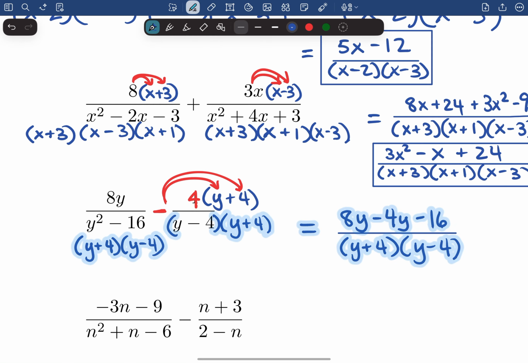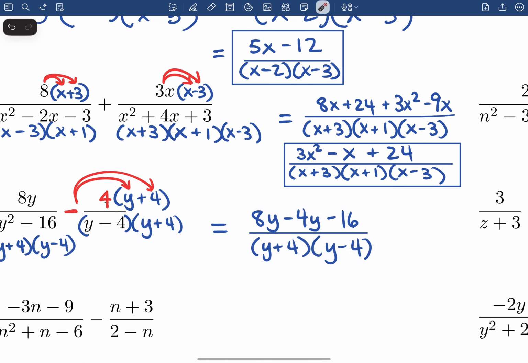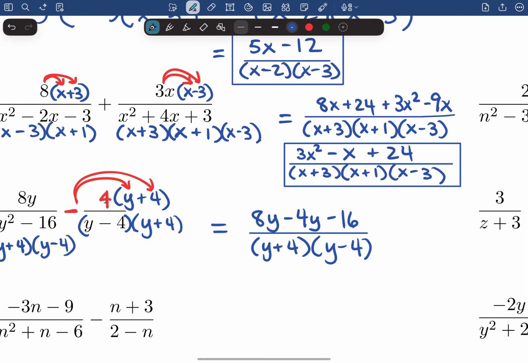And so we get to this point, and let's combine like terms in the numerator, right? Like this 8y minus 4y, well, that reduces. 8y minus 4y is just 4y. And then I have the minus 16.